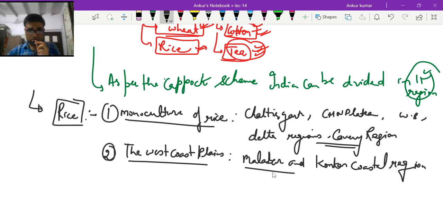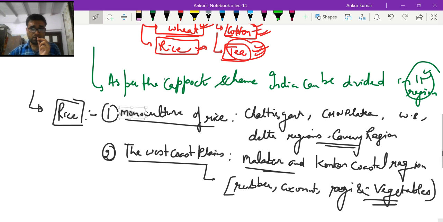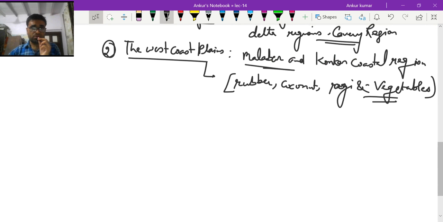Here rice is again the primary crop, but along with rice, the other subsidiary crops are rubber, coconut, ragi, and vegetables. These are the associated crops. So this is the second region where rice is the major crop, the first ranking crop.